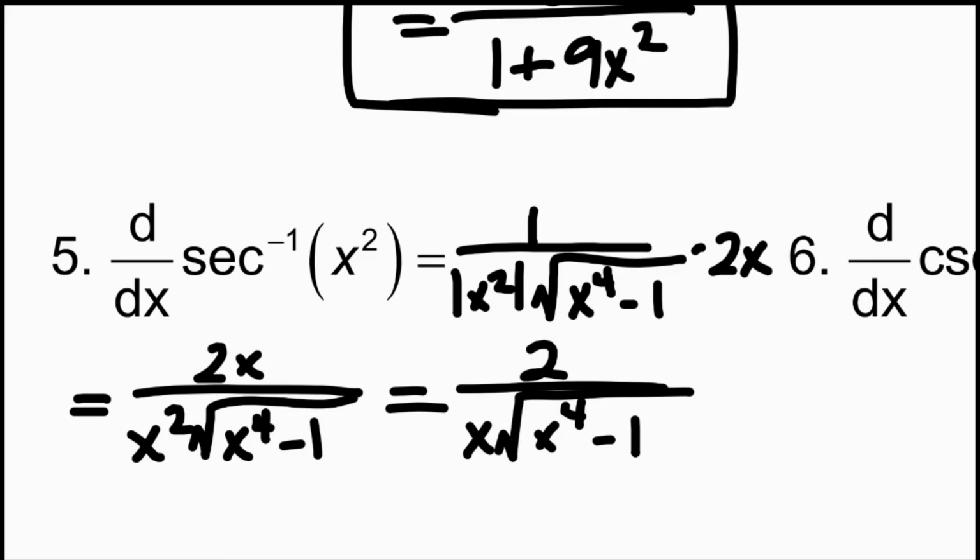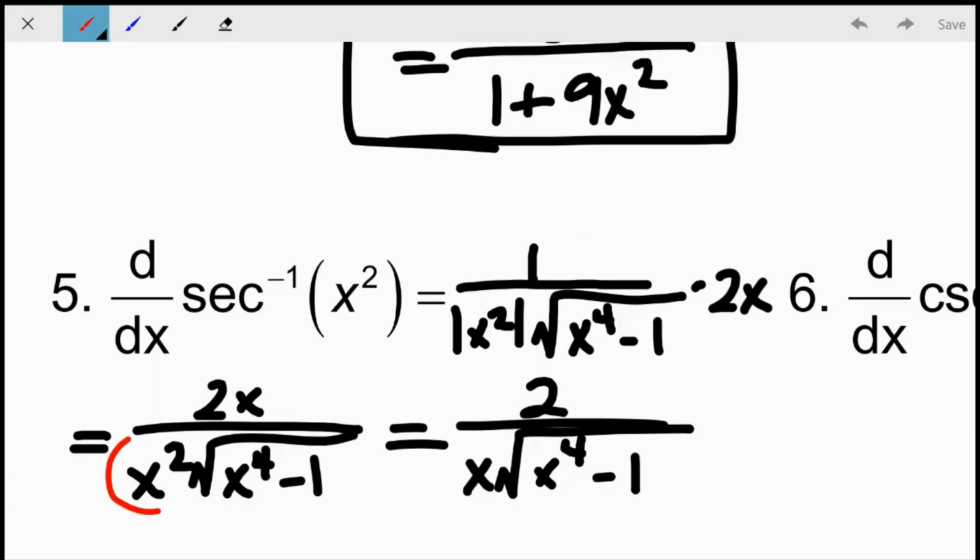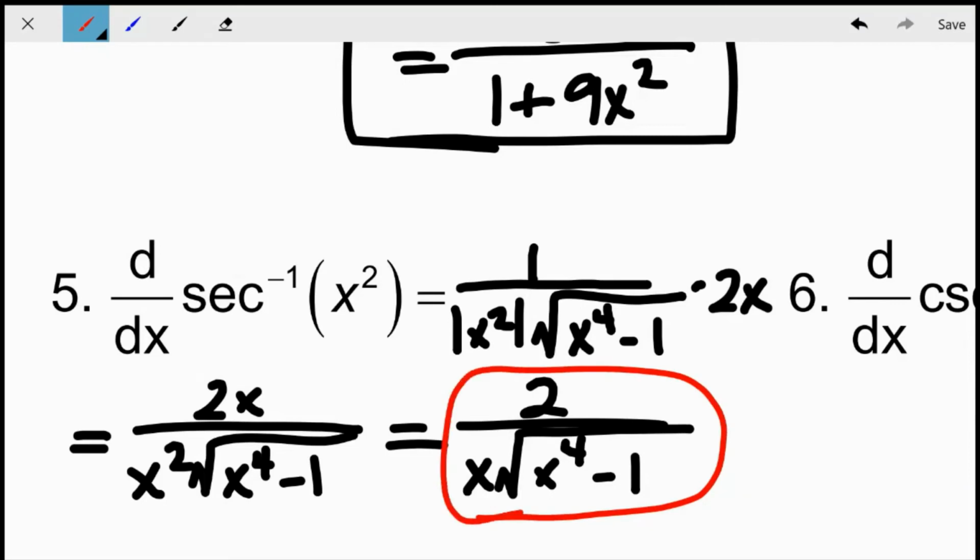So I can take the x squared out of the absolute value, and you can see down here, that allows me to cancel the x out with the x that's in the numerator, and we've got a simplified form that looks like this. The main thing to remember when you're simplifying with absolute values, anytime you have an even powered exponent, you can take it out of the absolute value.